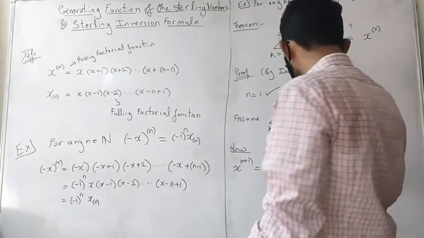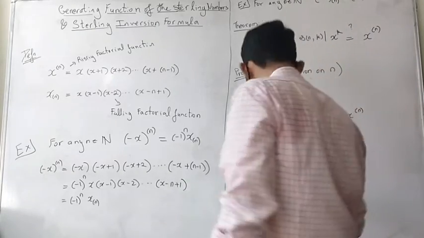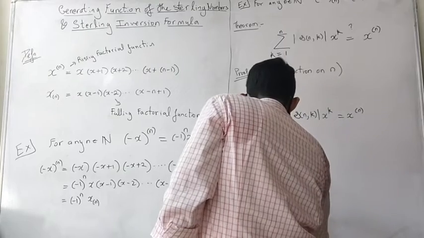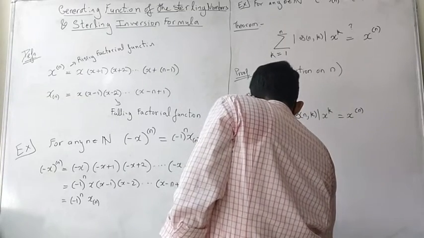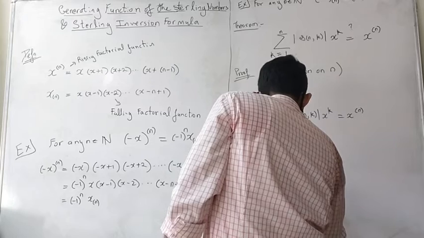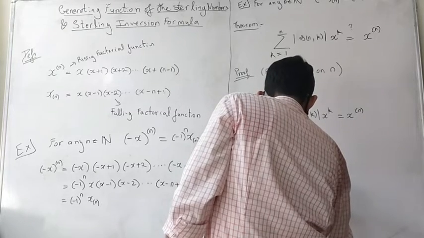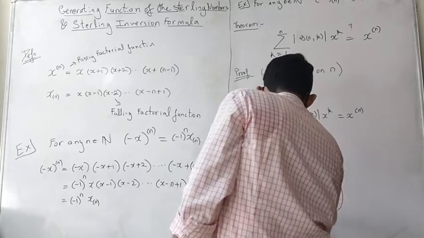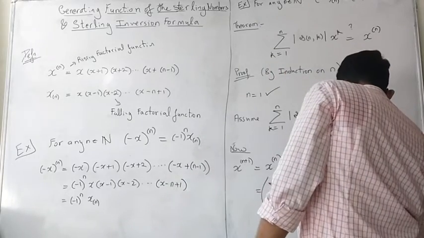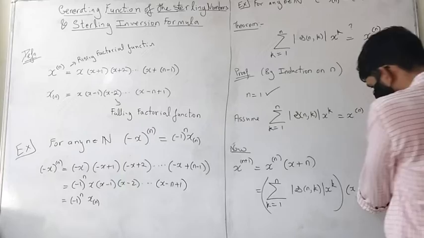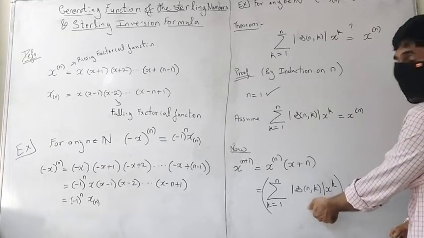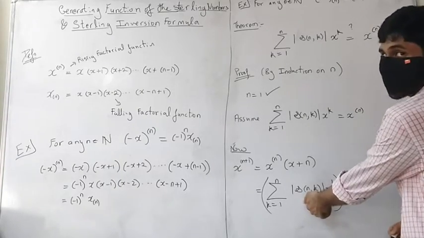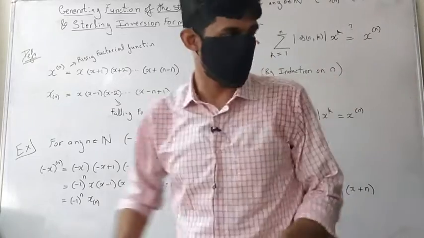Okay. Now we know that this is nothing but this. So let's substitute. We will get summation k going from 1 to n of |S(n,k)| x^k times (x plus n). Okay, and we can multiply this x plus n. This is a finite sum. We can multiply this x plus n into all of these terms, right? Distribute.